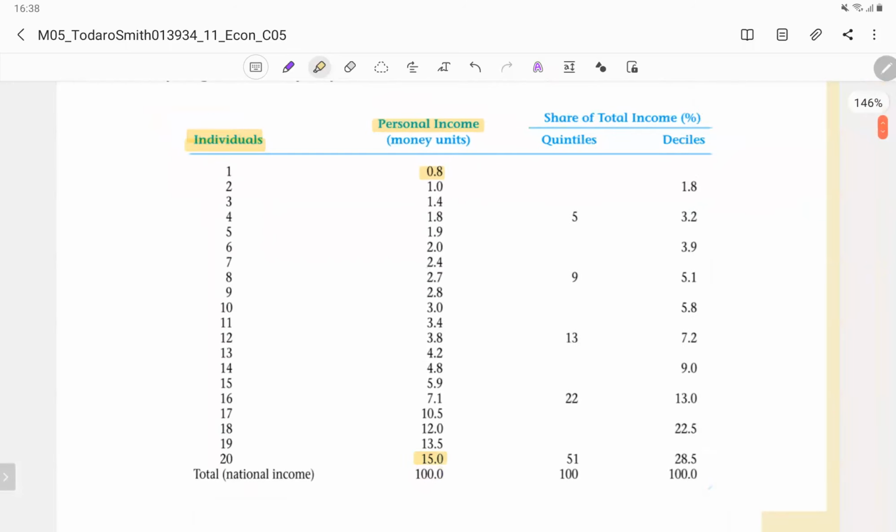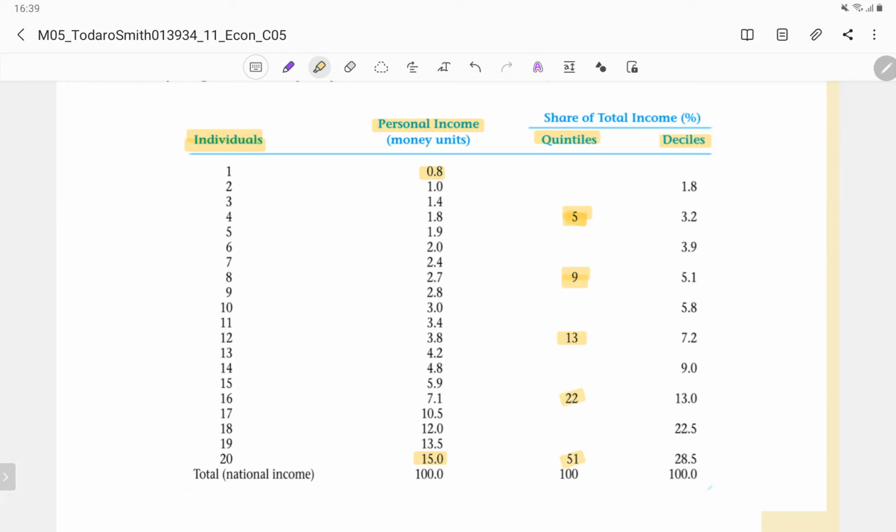And then we're going to break this income into quantiles and into deciles. This is based on the share of total income. So if they are here, they are in the 5 quantiles. If they are here, they are at the 9th quantiles, and then 13 quantiles here, 22 quantiles here, and then 51 quantiles here.